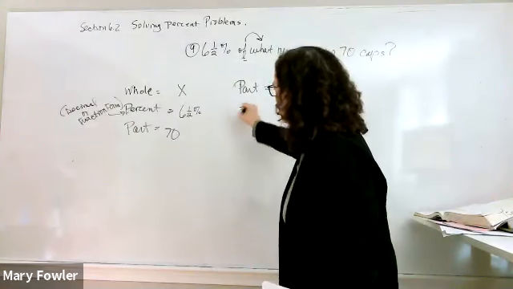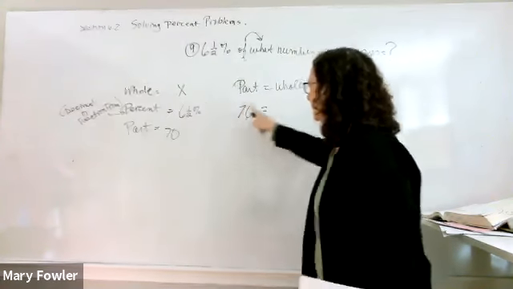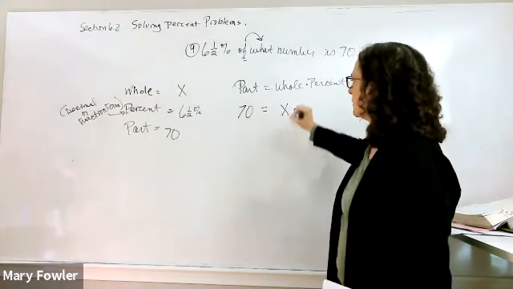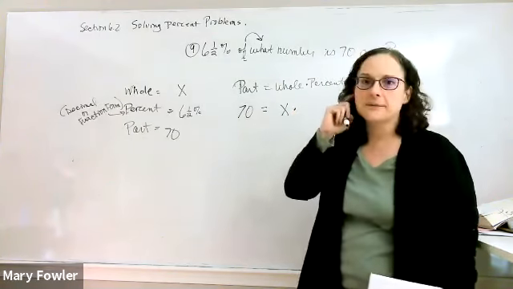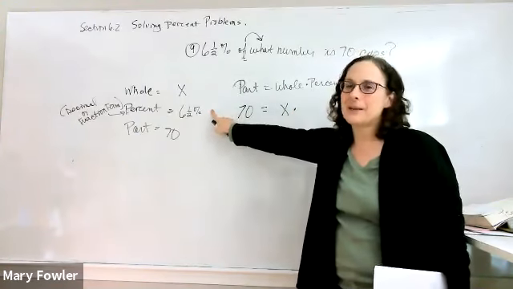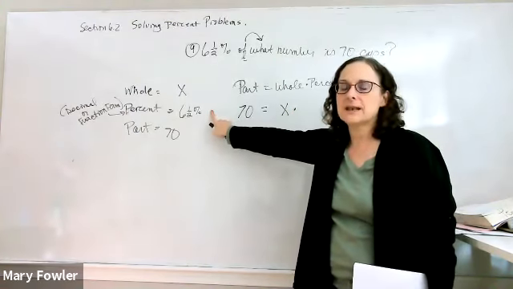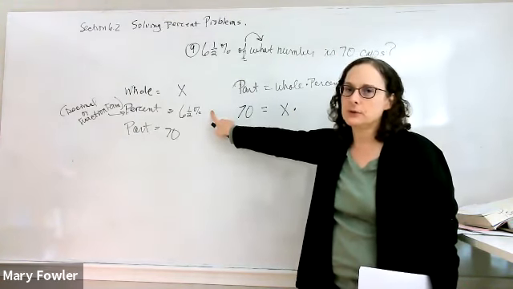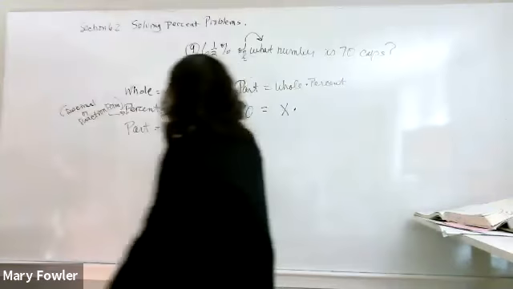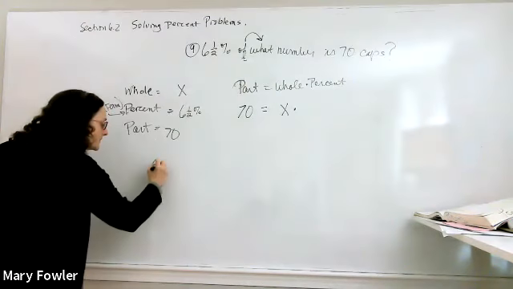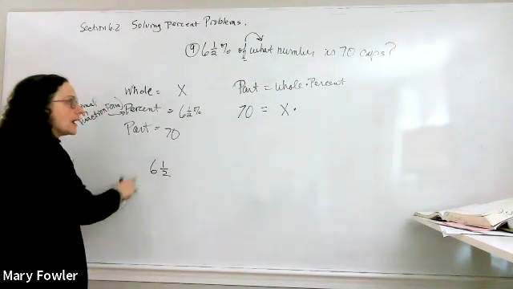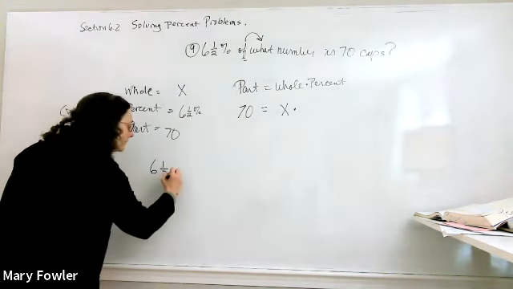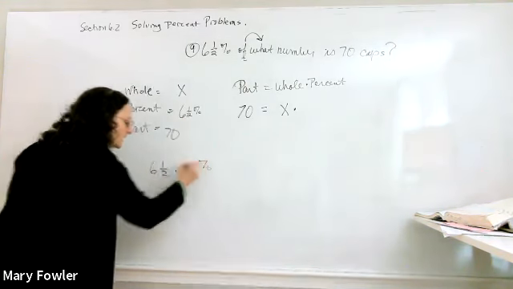So let's plug into the percent equation. We have 70, and that is equal to X times 6.5%. Let's actually step back a moment and re-express 6.5% either as a fraction or as a decimal. So let's just take this, since it's in a fraction form, we're gonna convert it to a percent by multiplying times 100%.